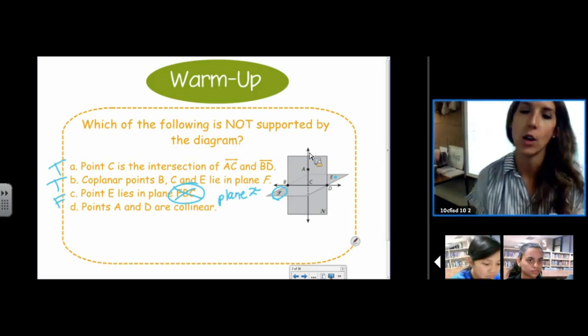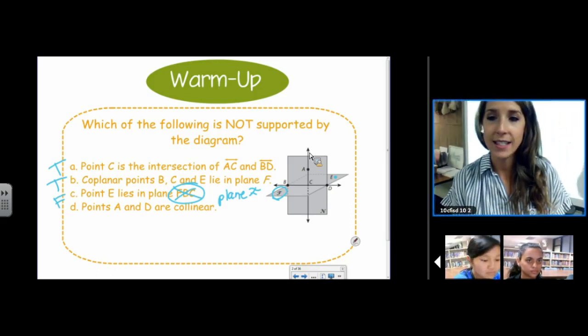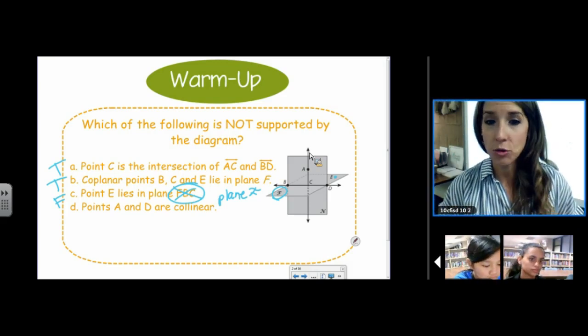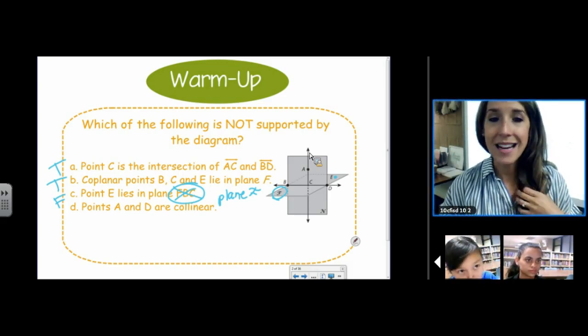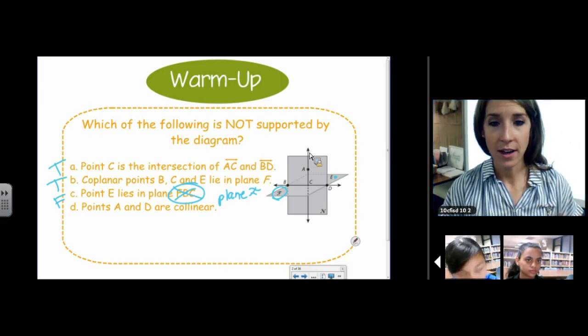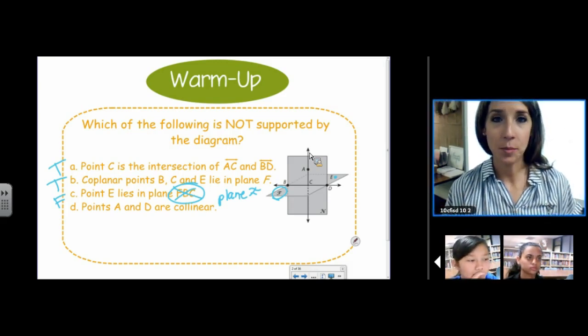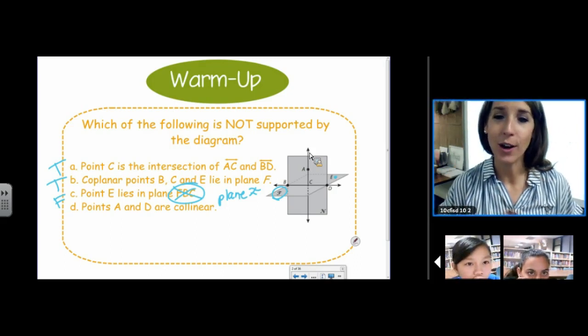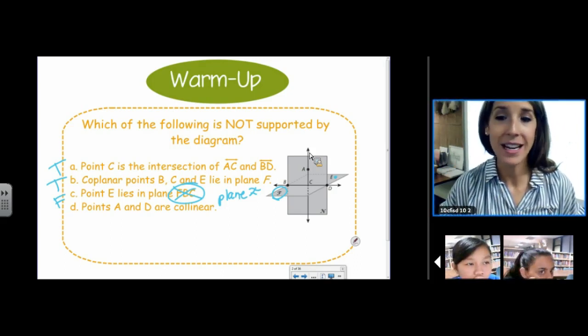Points A and D are collinear. Now, I realize that in the diagram, they do not have a line drawn. But you really don't need a diagram to answer letter D. Any 2 points, we learned this yesterday a little bit, any 2 points in the universe are collinear. So you really don't need a diagram.